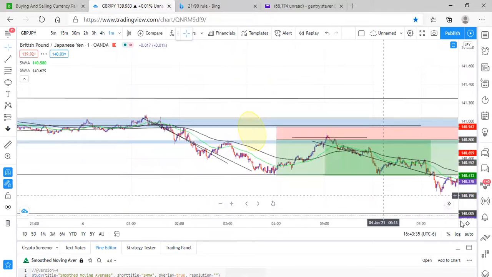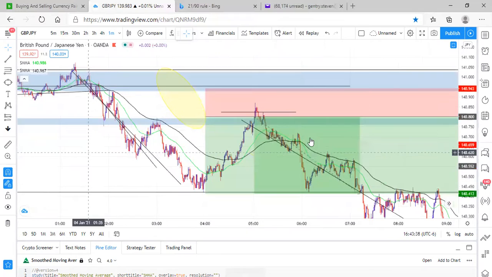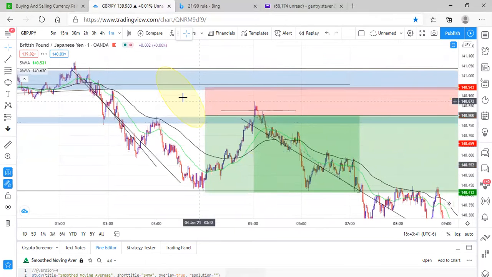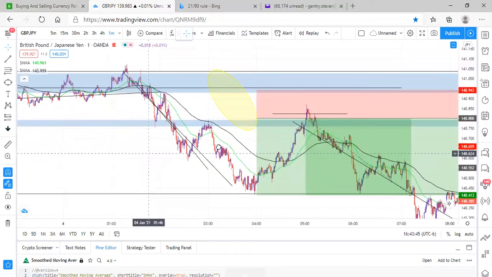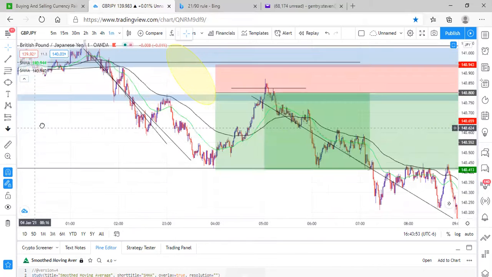When I first started trading, I told myself all of this has to correlate with each other. The SMA cross on the 1 minute up here would have been a high risk trade, because on lower time frames I don't really base my structure off the lower time frame. I base my structure off a higher time frame.